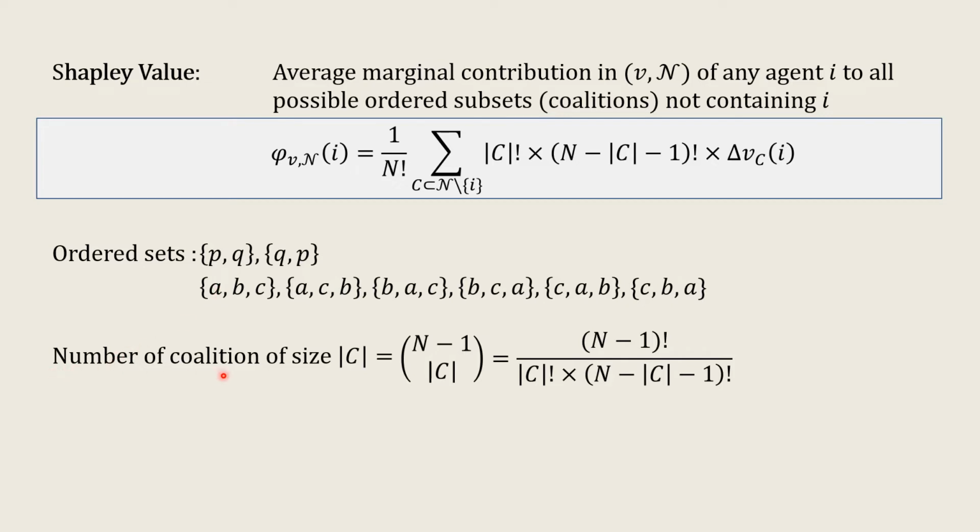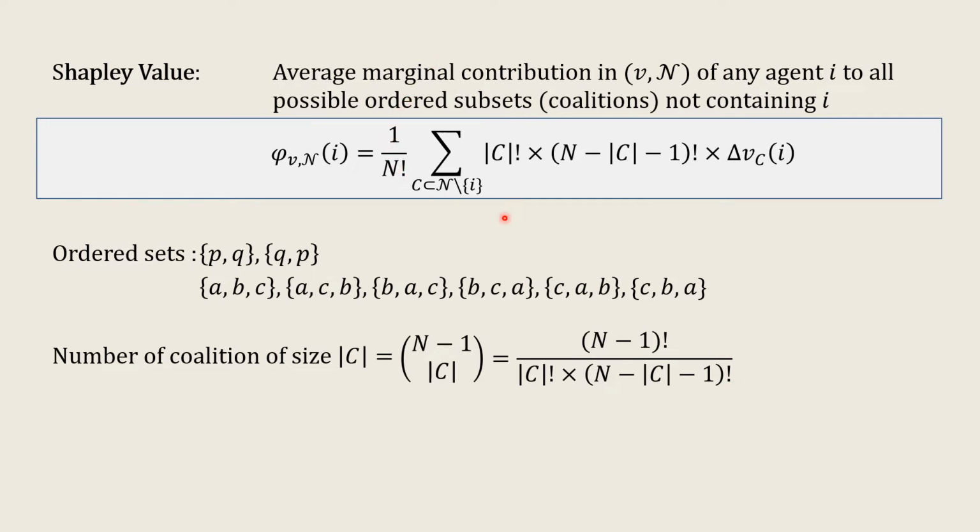Now the number of coalitions of size |C| is given by (n−1 choose |C|), which is equal to (n−1)! divided by |C|! times (n−|C|−1)!.